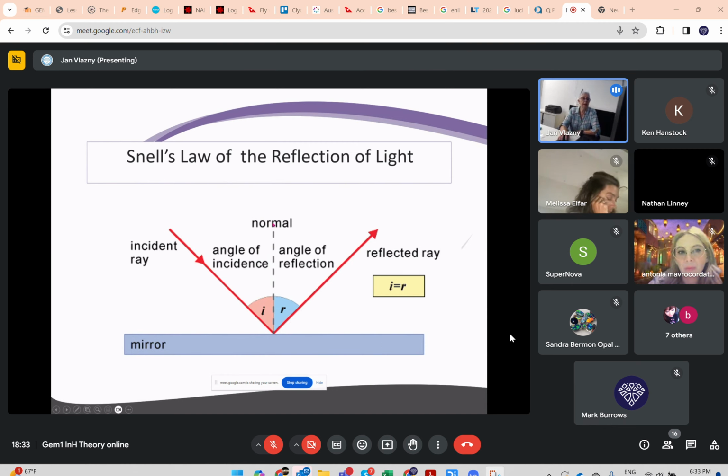That is classed as the normal, and the incident ray, the light that's going to do the bouncing, makes an angle with the normal, and the reflected ray has the corresponding angle. So that I and that R are always the same. So if you've got a question in an exam and it says the angle of incidence is 40 degrees, what's the angle of reflection? So what's this angle here?